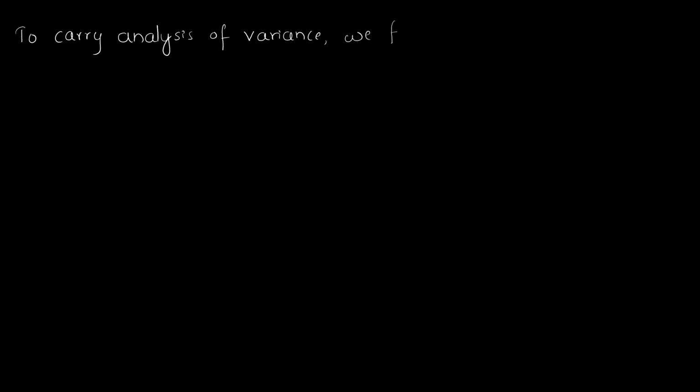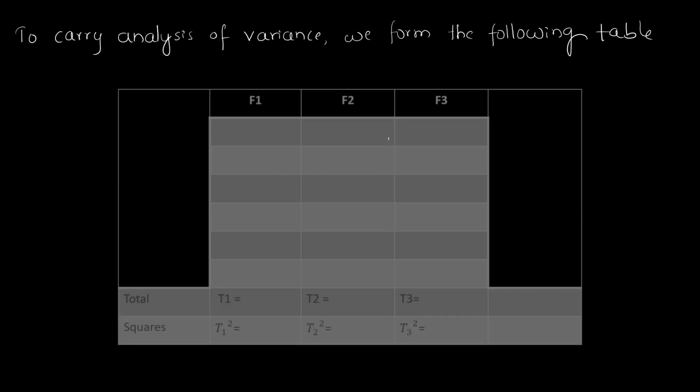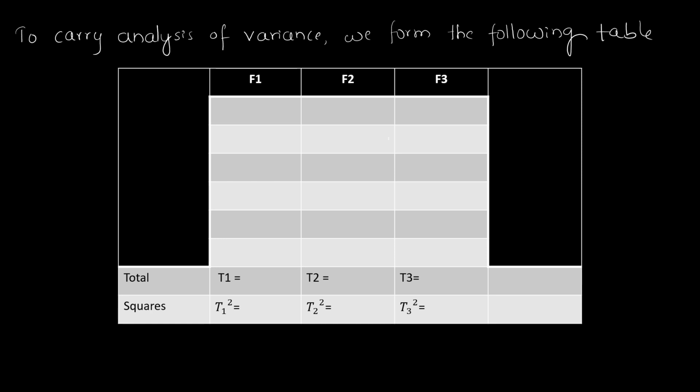So the table is this: F1, F2, F3, then total and squares. So write down the data.